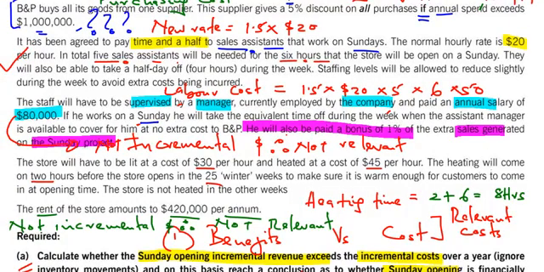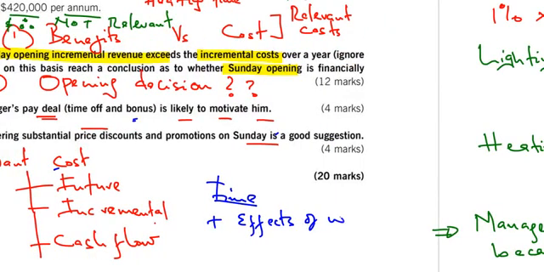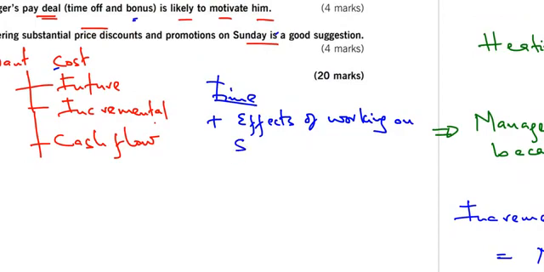So here you can think of a few ideas which come to mind. For instance, if the manager is a Christian, it may not be good, okay. For instance, if you look at the time, okay, you can briefly discuss the effects of working on Sunday.